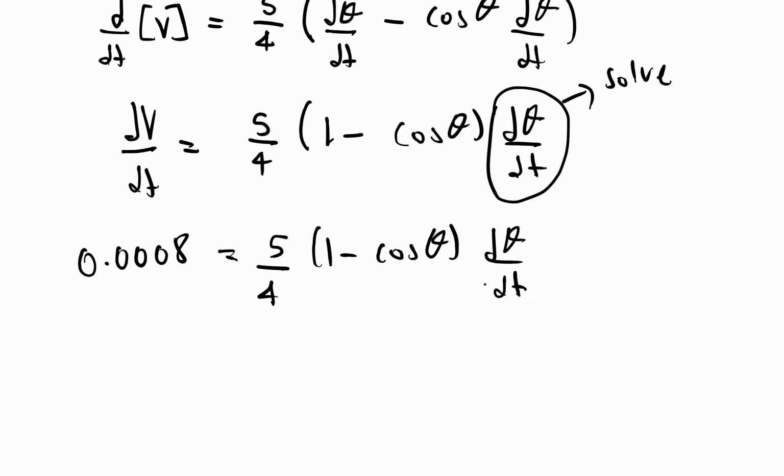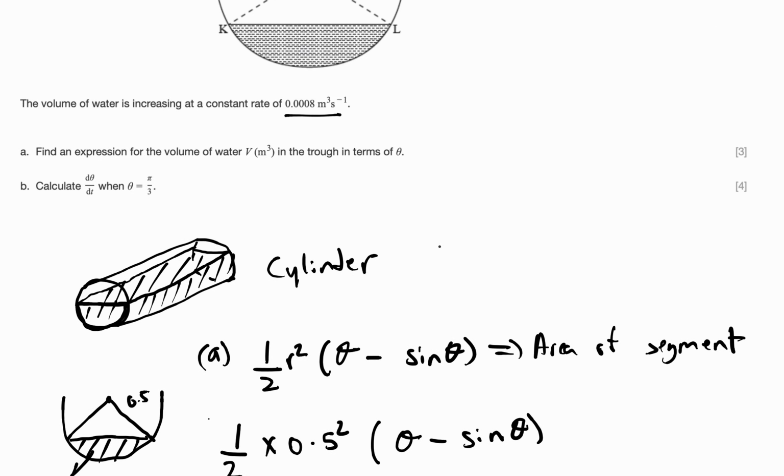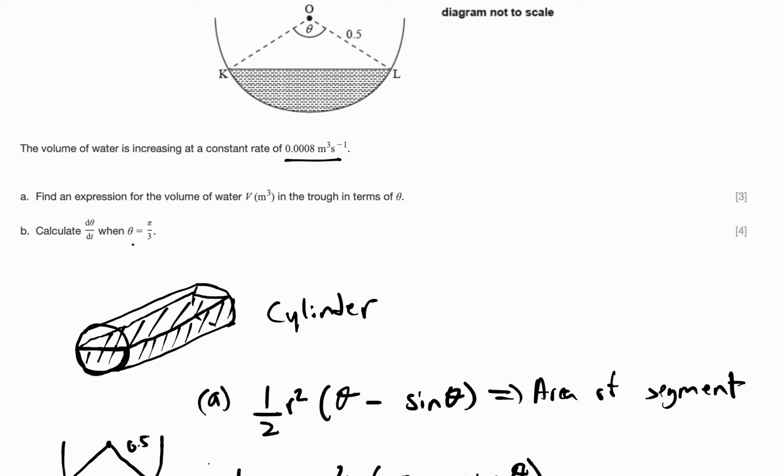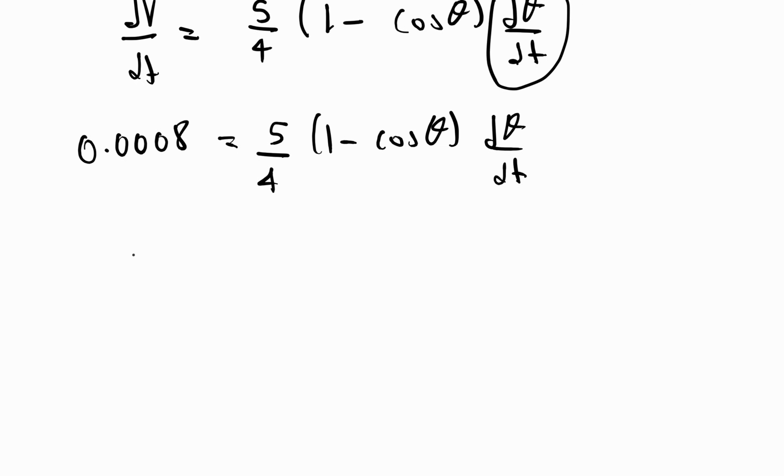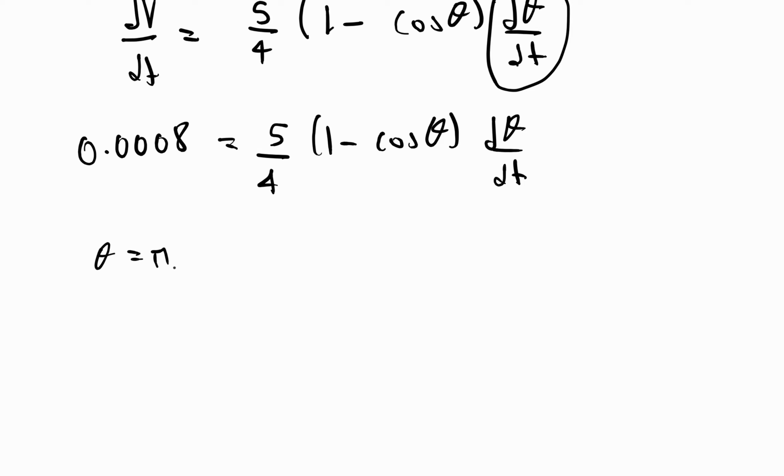Now, we have cos theta. We don't know exactly the angle, or do we, right? If we need to solve for d theta by dt, we need all the variables, and theta is currently missing, or is it? They've said that theta is equal to pi over 3 at this instant. So can we not substitute theta equals pi over 3 into this equation?